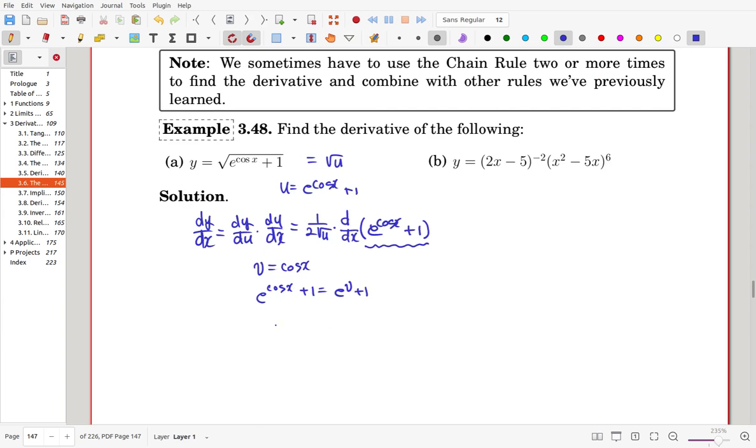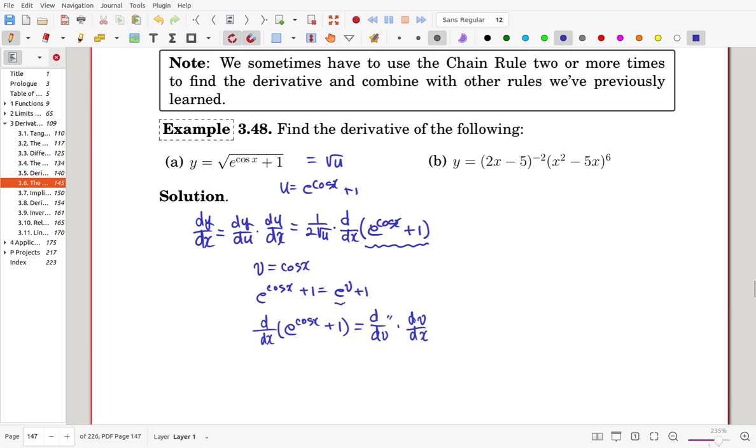And so this whole term, d over dx of e to the cosine x plus 1, can be written as d over dv of the same term times dv over dx.